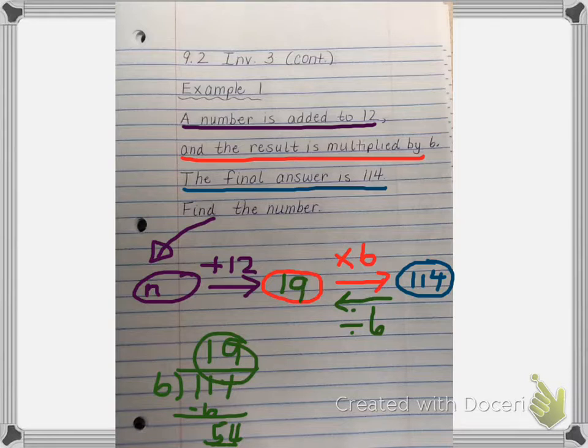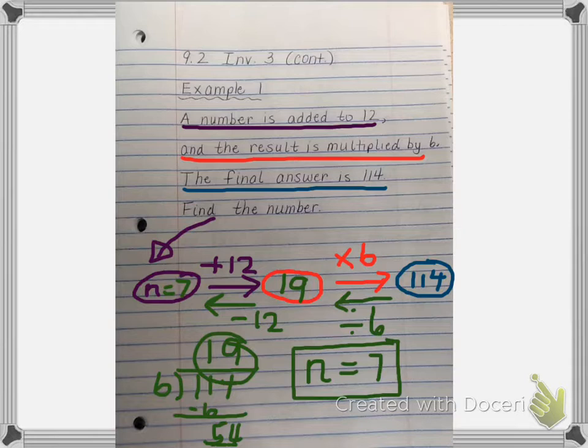Now to undo the next arrow, I have plus 12 going forward. I'm going to undo by doing minus 12, and 19 minus 12 equals 7. So now my solution is n equals 7 in a brand new box showing my solution outside of my flowchart.